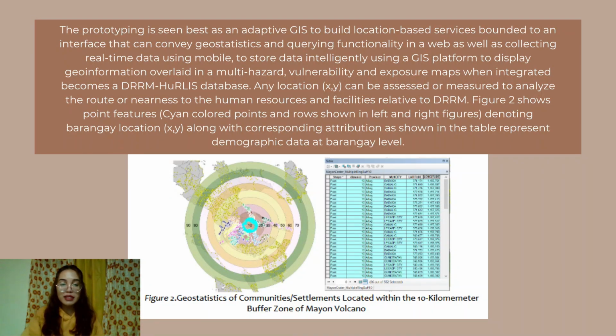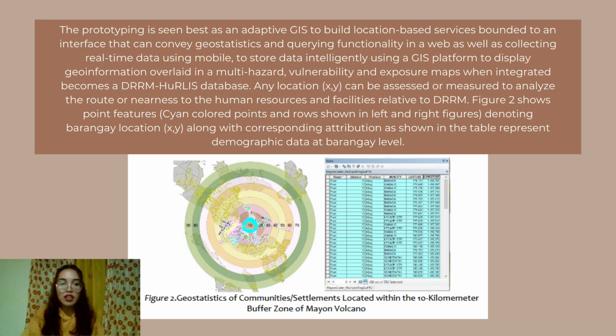The prototyping is seen best as an adaptive GIS to build location-based services bounded to an interface that can convey geostatistics and querying functionality in a web as well as collecting real-time data using mobile to store data intelligently using a GIS platform to display geoinformation overlaid in multi-hazard, vulnerability, and exposure maps, which when integrated becomes a DRRM HURLIS database.